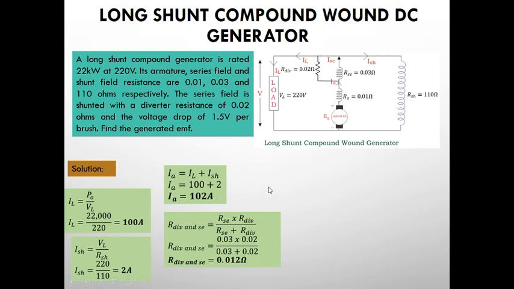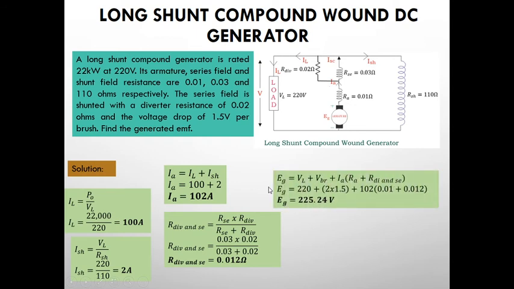To find the generated EMF, apply the formula. EG is equal to VL plus the voltage drop across the brushes plus IA times RA plus the combination of the two. So 220 volts plus, since 1.5 per brush, 2 times 1.5, plus IA which is 102 times the quantity of RA, 0.01, plus 0.012.